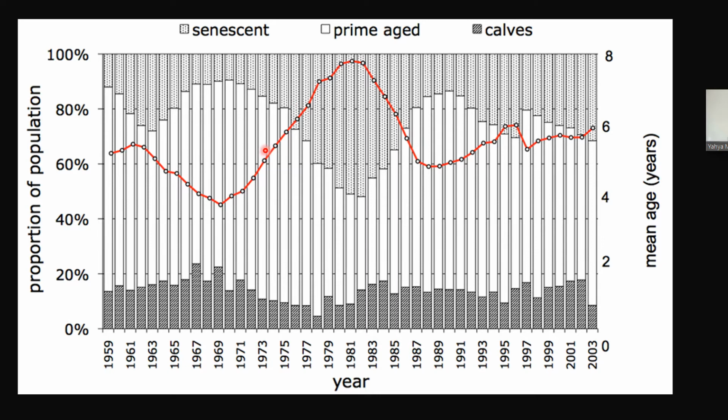So the important thing is not just the population number, but the condition of the population. Are they young? Are they old? Are they strong? Are they weak? Is there disease going around? That's also important to consider.